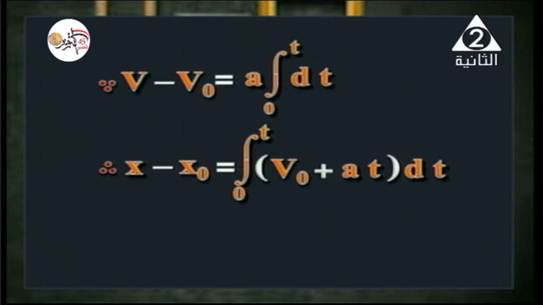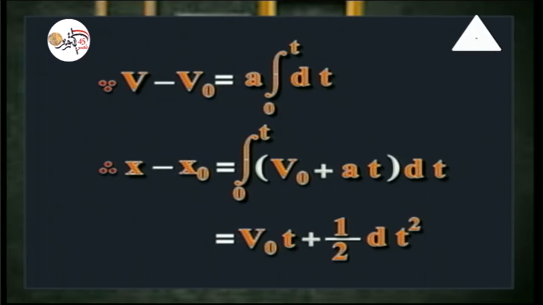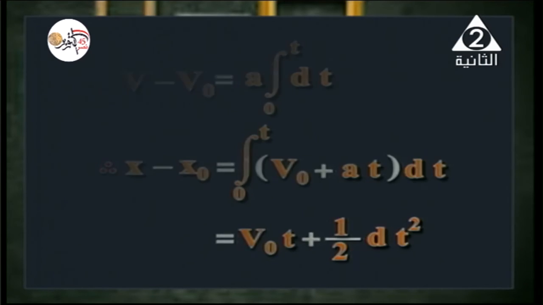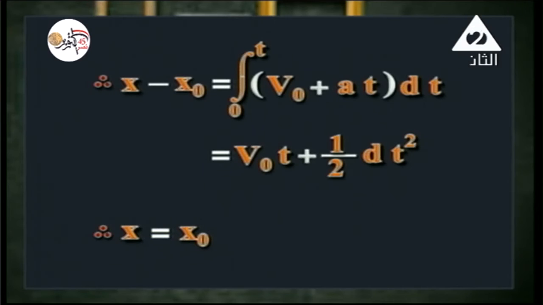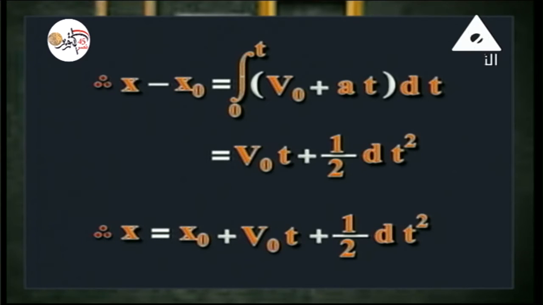Therefore, the integration of v naught plus at dt gives v naught t plus half at square, therefore x equals x naught plus v naught t plus half a t square.